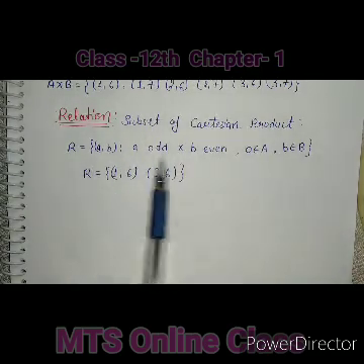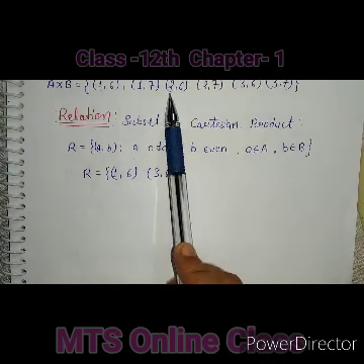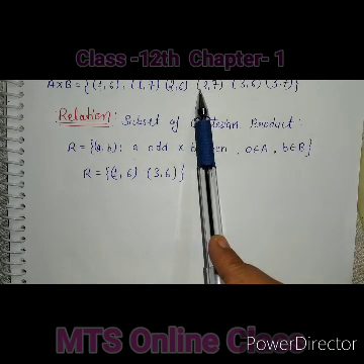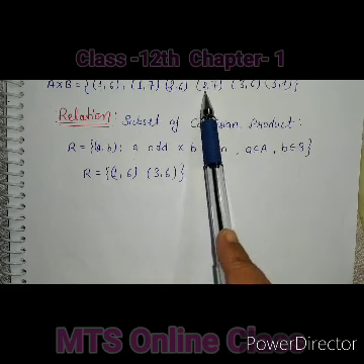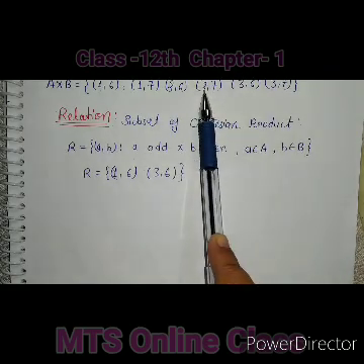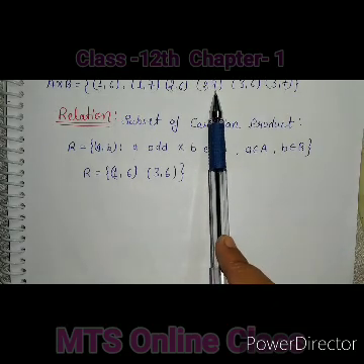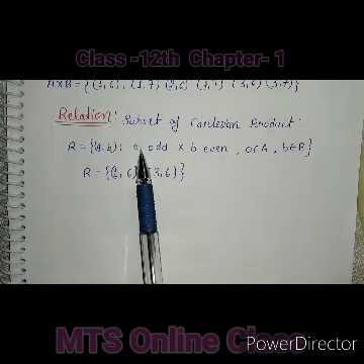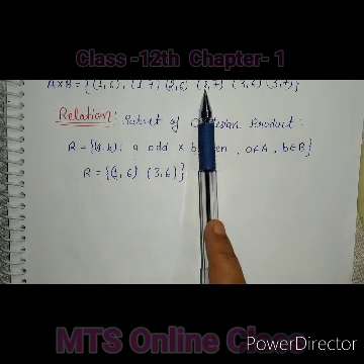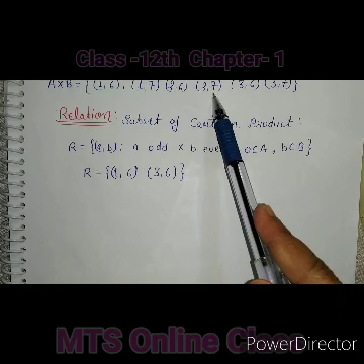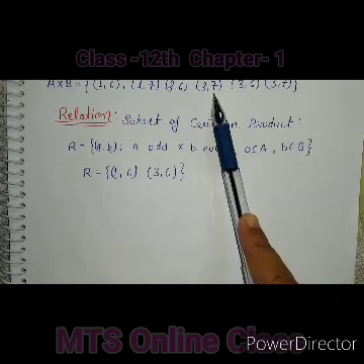What can we write here? 2 and 6 both are even numbers. In (2, 7), 2 is an even number and 7 is an odd number. But we want a to be an odd number. That means here we want an odd number and here we want an even number. This pair also does not satisfy our relation.